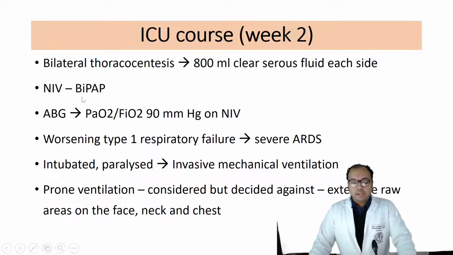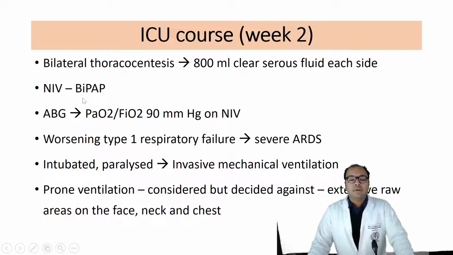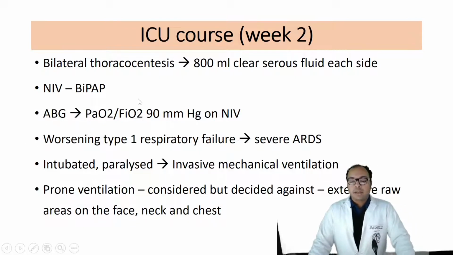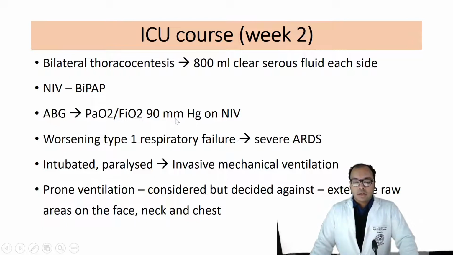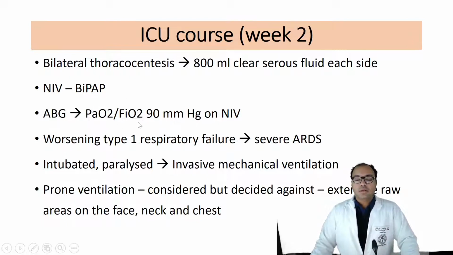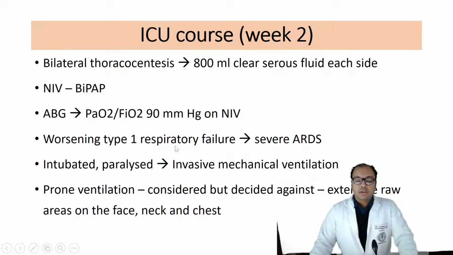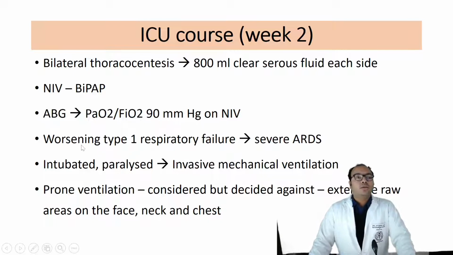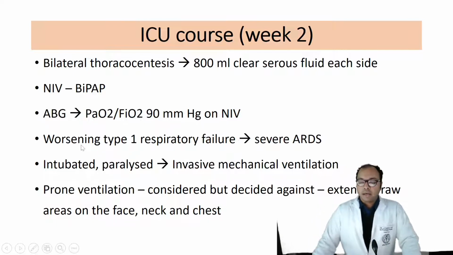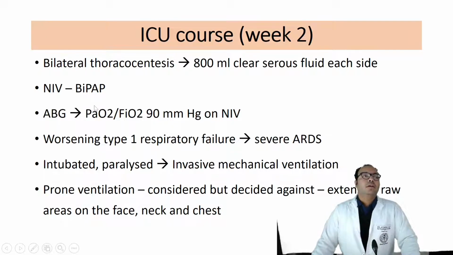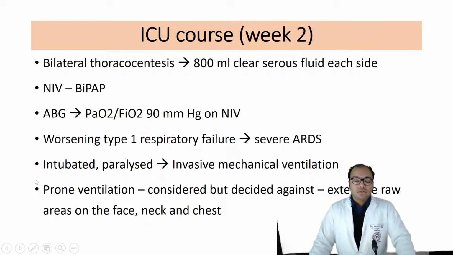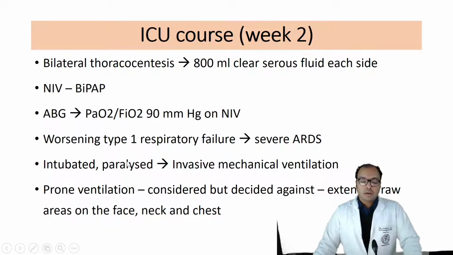Despite the NIV trial, the patient worsened and there was evidence of a severe ARDS picture, with the PF ratio, our surrogate for oxygenation, measuring 90 millimeters of mercury. Because of worsening respiratory failure, we decided to intubate the patient and put him on mechanical ventilation. Because of severe hypoxia, we also continued muscle paralysis during this initial period.